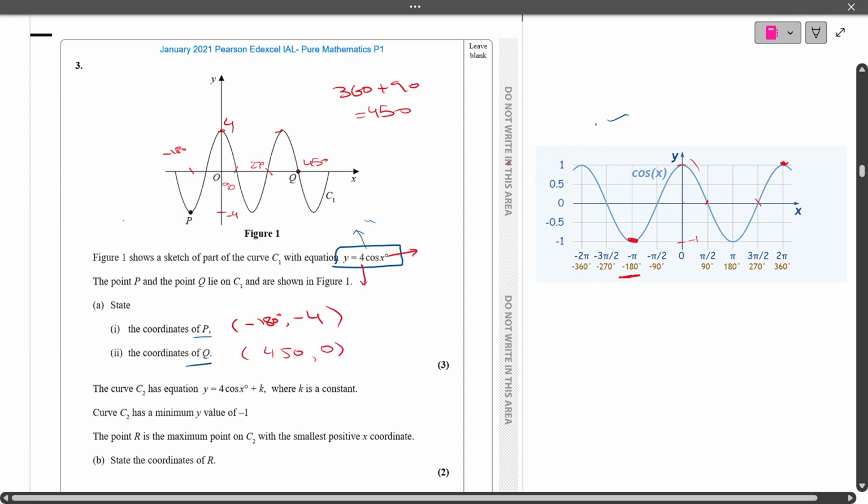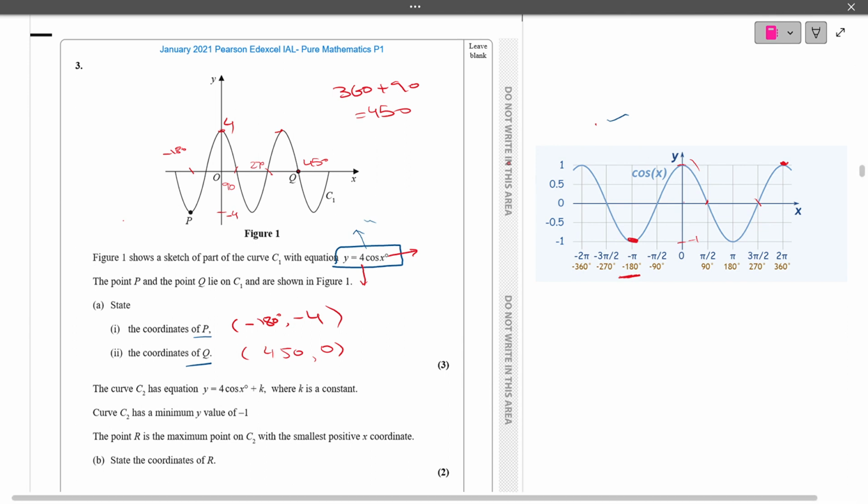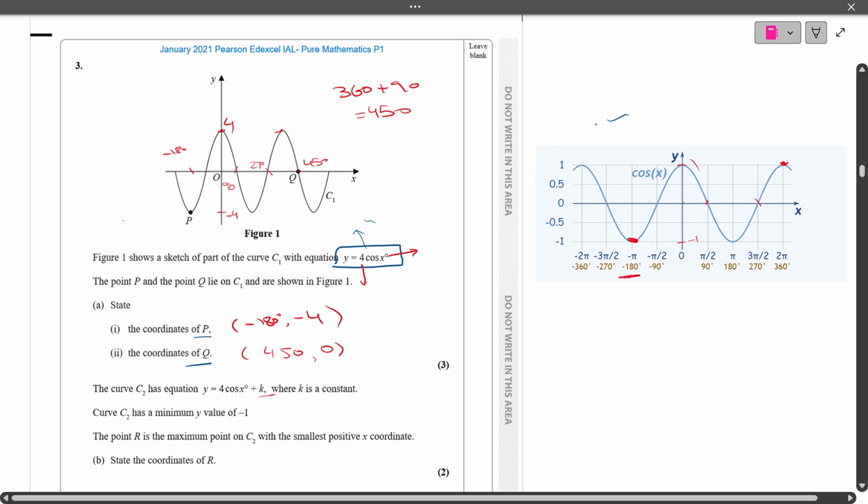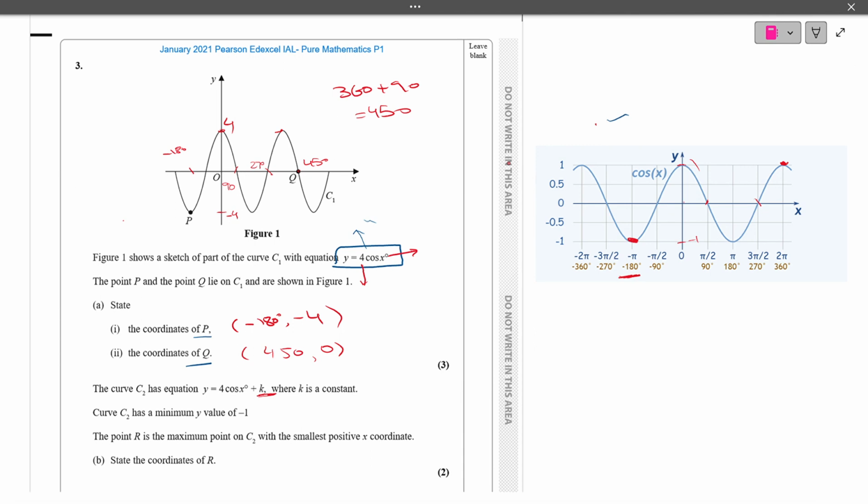Next, the curve C2 has equation y equals 4 cos x plus k, where k is a constant. Curve C2 has a minimum y value of -1. It means the graph is shifted vertically, either upward or downward.